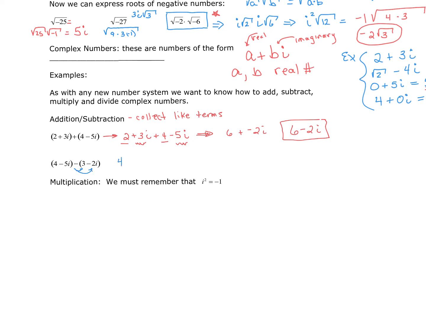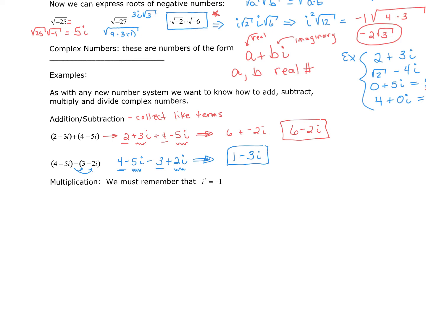So this is going to be 4 minus 5i minus 3 plus 2i. And again, we will collect our like terms. So 4 minus 3 is 1. And minus 5i plus 2i is minus 3i. Okay, so adding and subtracting, not too difficult.